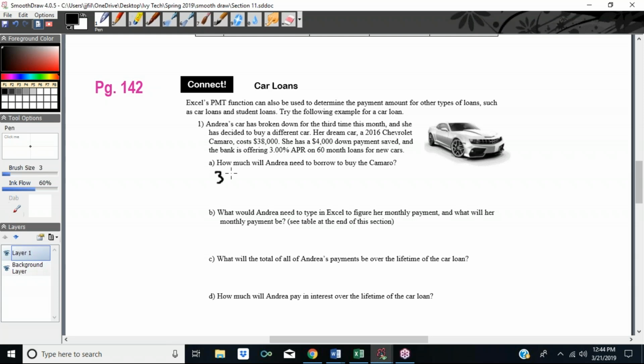And how did you get the $34,000, Megan? Right, the cost minus the down payment. So $34,000. That's how much she's going to have to borrow. What would Andrea need to type into Excel to get her monthly payment?